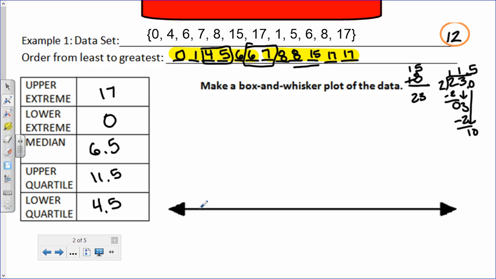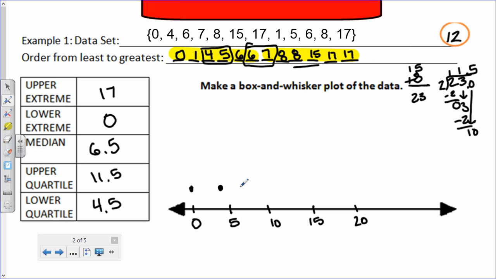Alrighty, so now let's get started with our number line. I'm just judging, I think I'm going to go by 5s. So 0, 5, 10, 15, 20, and I'm good to go. So above the 0 is going to be 1 dot. Next, 4.5 is going to be about here.